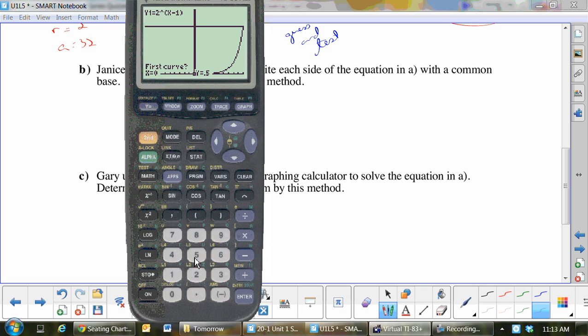Once you're there, you're going to hit enter 3 times. Enter, enter, enter. Ta-da! X equals 10, y equals 512. Second trace 5, intersect.